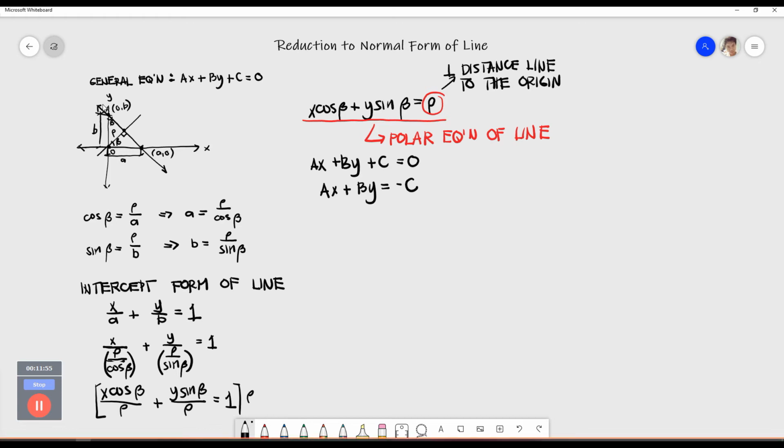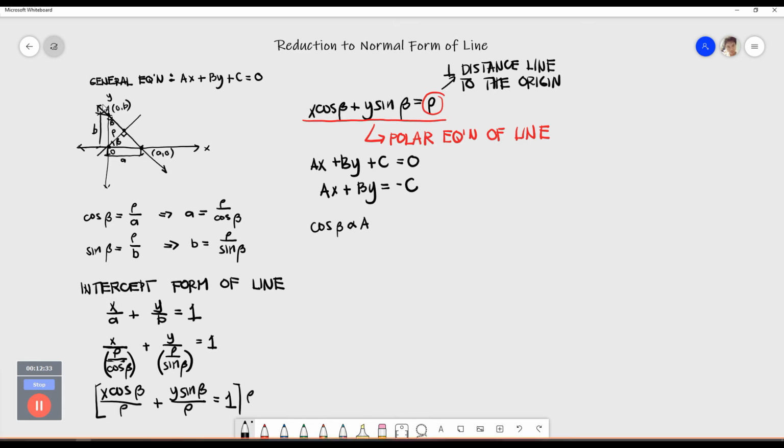Now going back to the polar equation of the line, we can see that cosine beta is proportional to a, sine beta is proportional to b, and rho is proportional to negative c. To change that proportionality symbol, let's replace it with a proportionality constant.